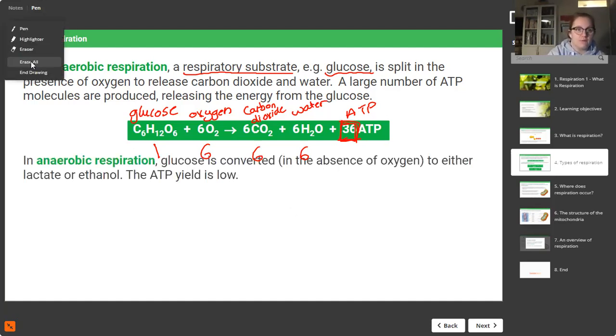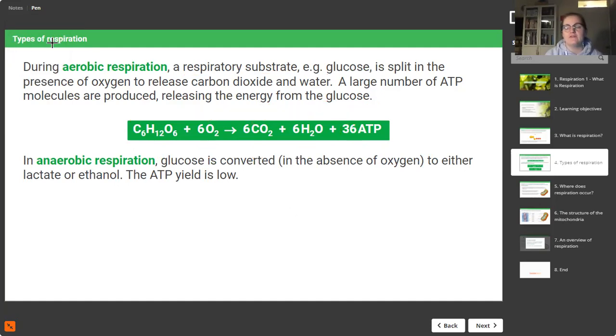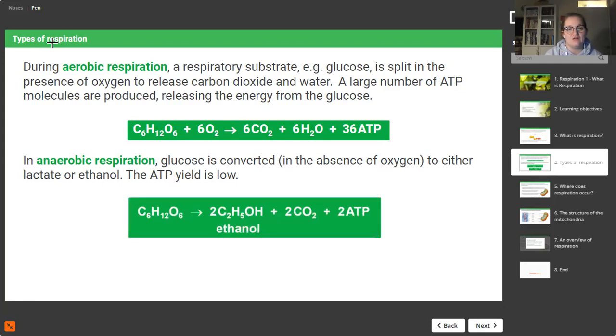Conversely, anaerobic respiration is when glucose is split and converted to either lactate or ethanol in the absence of oxygen, and it produces a very, very low ATP yield. So what happens here is glucose becomes either ethanol or lactate. In this example, it's ethanol and carbon dioxide, and for every 1 molecule of glucose, we're only producing 2 molecules of ATP.